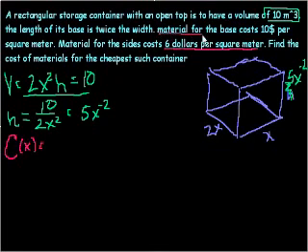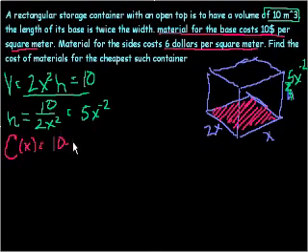So material for the base costs $10 per square meter. So this base right here, the material costs $10 per square meter. So what is the cost of the base? Well, it's going to be 10 times the area of the base. What's the area of the base? It's 2x times x. So it's 2x squared. So this is the cost of the material on the base.